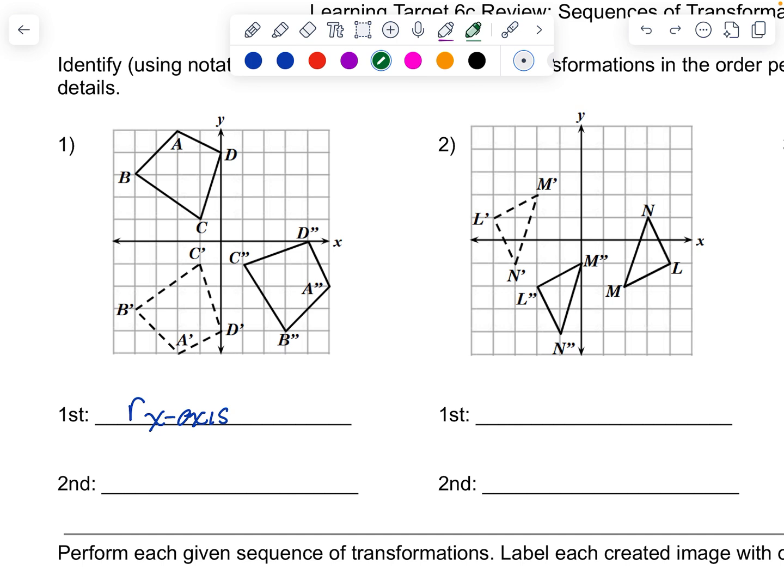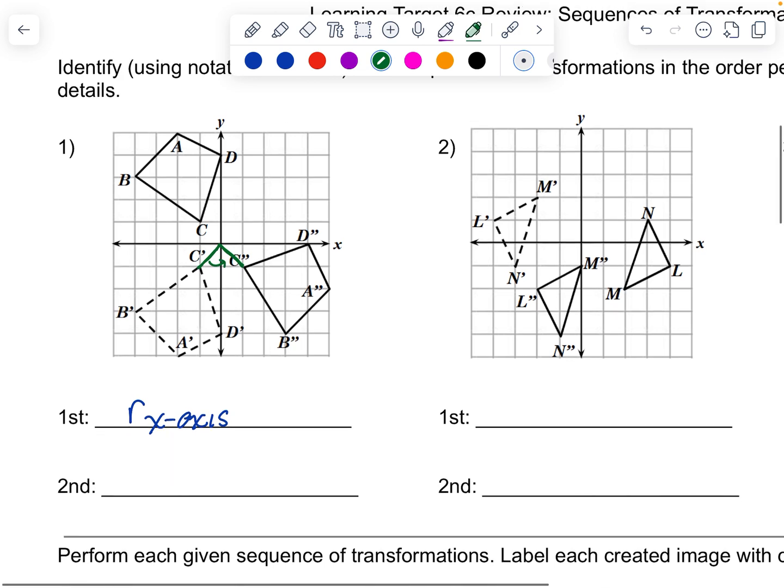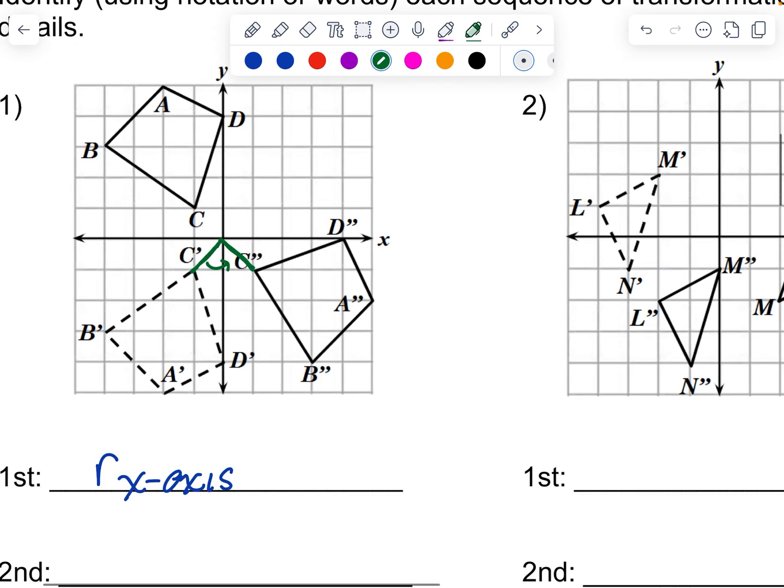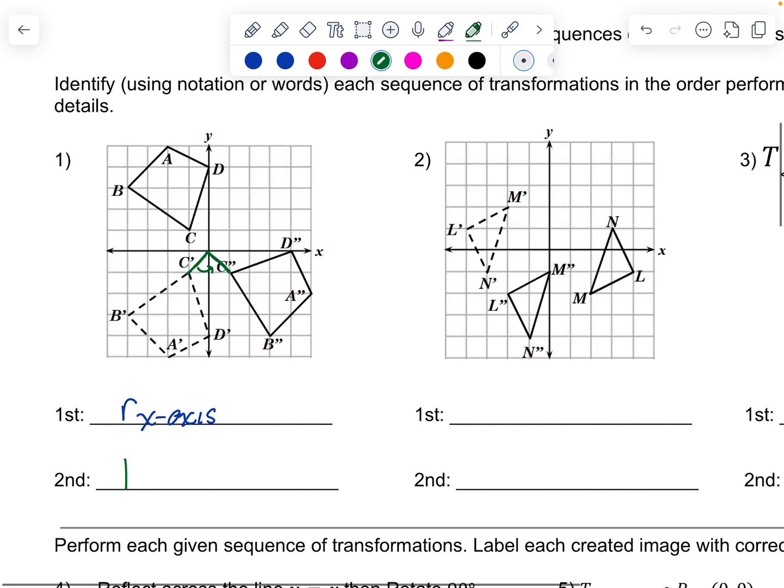So is it a reflection? If it's a reflection, then B double prime should end up over here somewhere, which it doesn't. So it's a rotation. If you connect C prime to C double prime through the origin, you can see that this turned 90 degrees counterclockwise. So this is a capital R, 90 degrees about the origin.